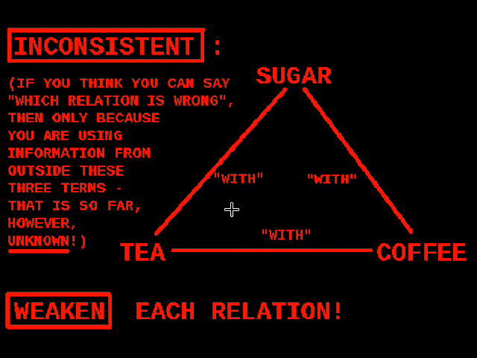The truth is, looking at it from an abstract perspective, you can only say 3 weak connections are impossible, and you weaken each single one of them. You say, I'm now not so sure whether I can have tea with sugar, not so sure whether I can have coffee with sugar, and I'm not so sure whether I can have tea with coffee. Now, if these 2 relations are going to be strengthened and repaired, so to say, by further triangles, that's entirely possible, but you can't deduce it from this triangle.